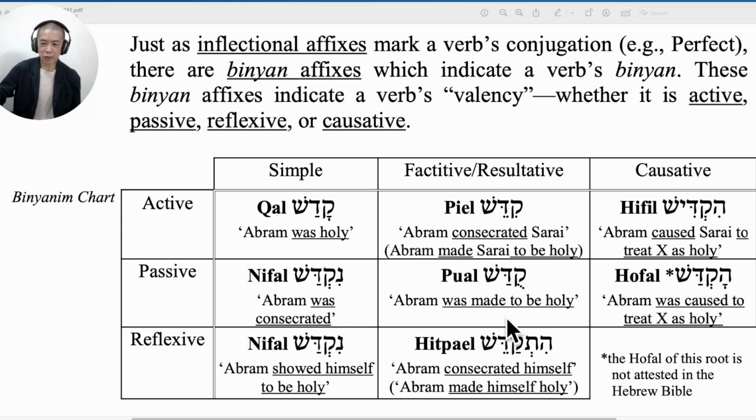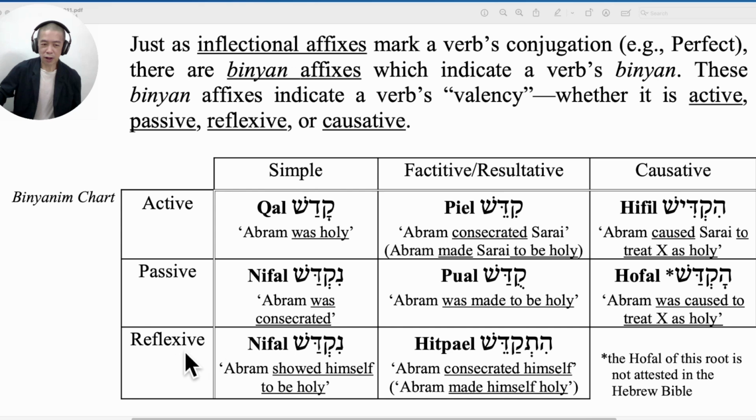It's passive. So for Hofal Binyan, if we see something like ha in front of a verb, it could mean that somebody was caused to treat X as something. So in this case, for this verb, it becomes Hoqdash. Abraham was caused to treat X as holy.